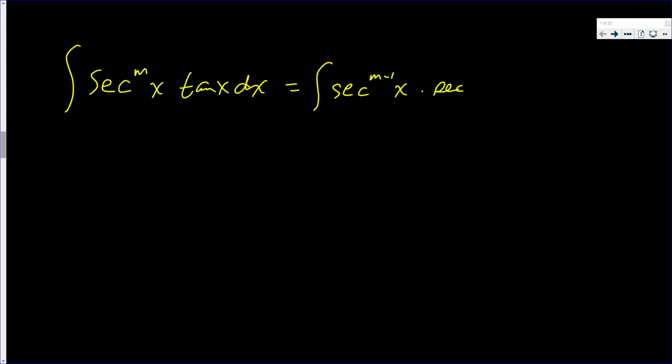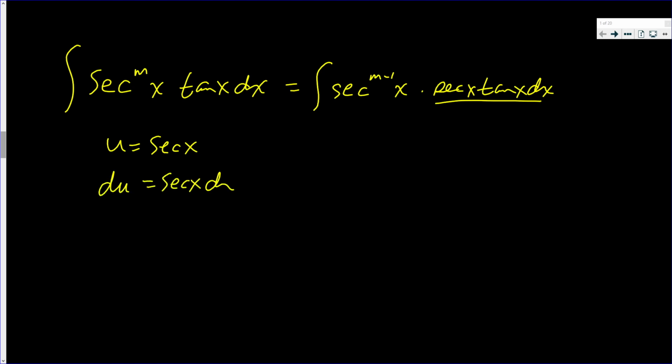In fact, if you have the integral of secant to the m x times tangent x dx, you should break off a secant x. So you'll have m minus 1 of them, times the one that you just broke off, times the tan x dx that's there. Now, if you let u equal secant x, then du is secant x tangent x dx.